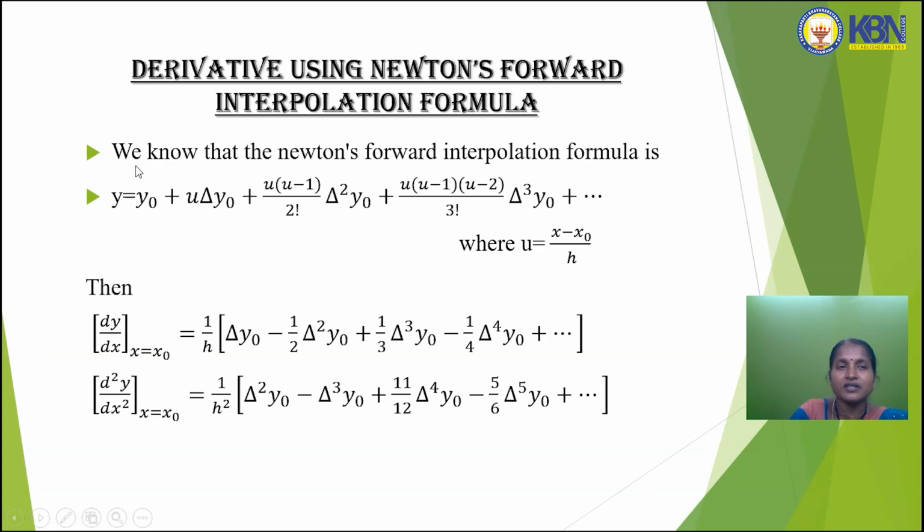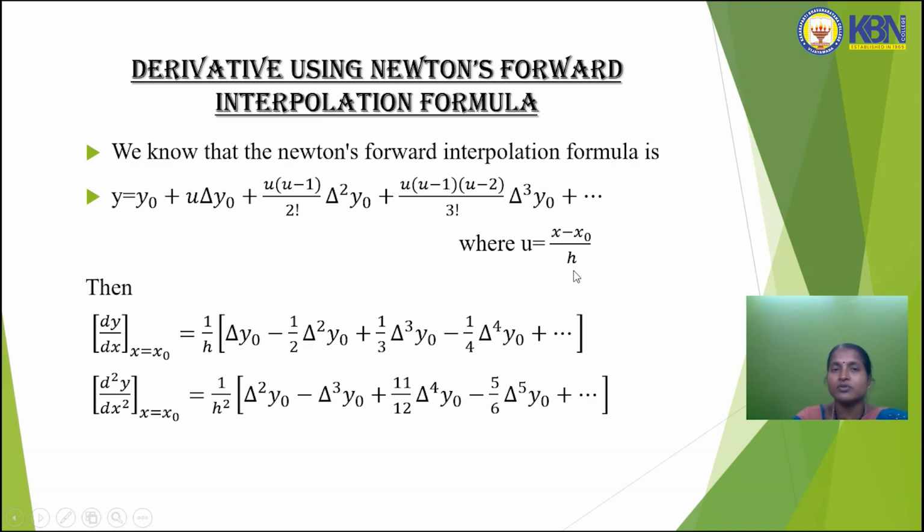In the previous sessions we already learned the Newton forward interpolation formula. We know that the Newton forward interpolation formula is y is equal to y naught plus u into delta y naught plus u into u minus 1 by 2 factorial delta square y naught plus u into u minus 1 into u minus 2 by 3 factorial delta cube y naught and so on, where u is equal to x minus x naught by h.